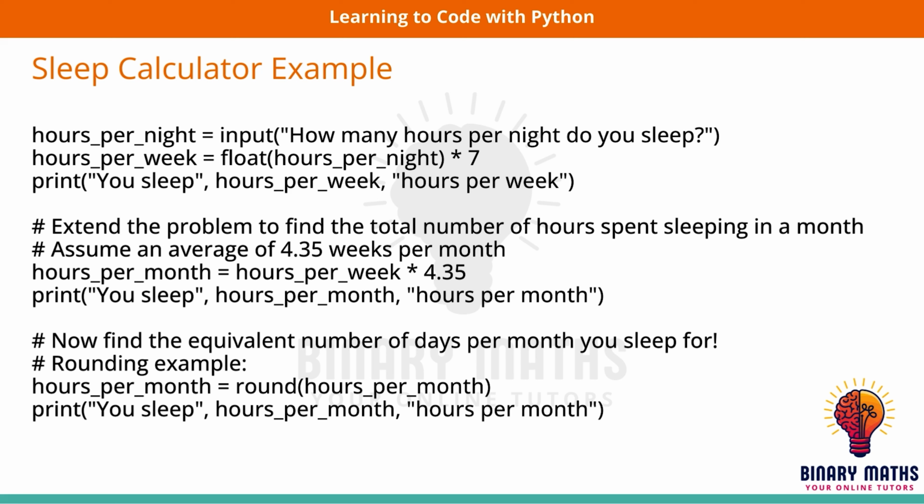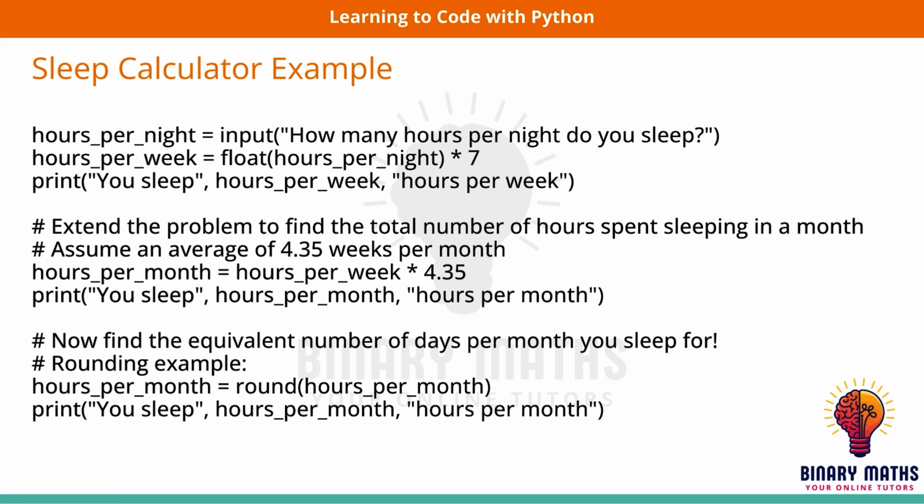Okay, so after looking at the code, what you should have been able to realize is that this program calculates your sleep hours per week and month and rounds the monthly hours to the nearest whole number. So let's break it down. First, we ask the user for the number of hours they sleep per night.